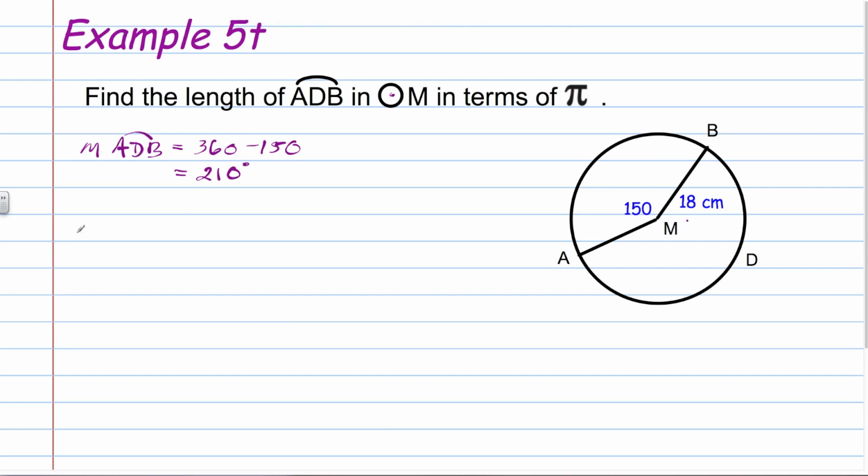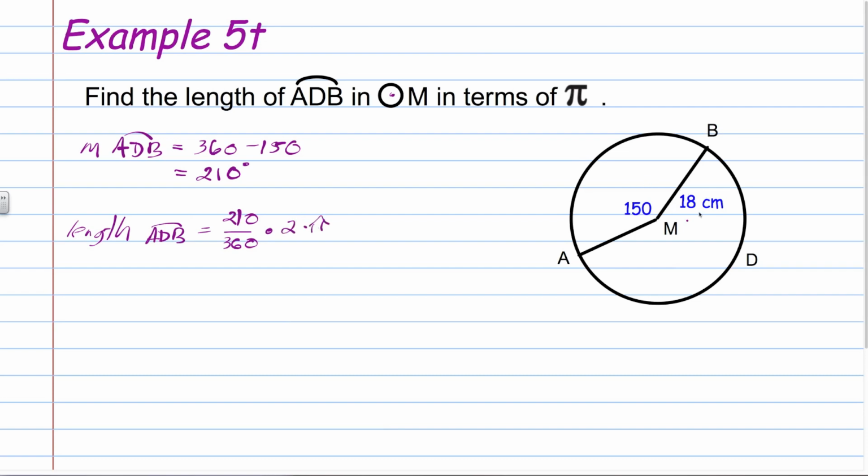So to find the length of arc ADB, we'll take 210 and we'll put that over 360 degrees in a circle. We have to multiply that now by the circumference, which is given by 2 times pi times the radius.